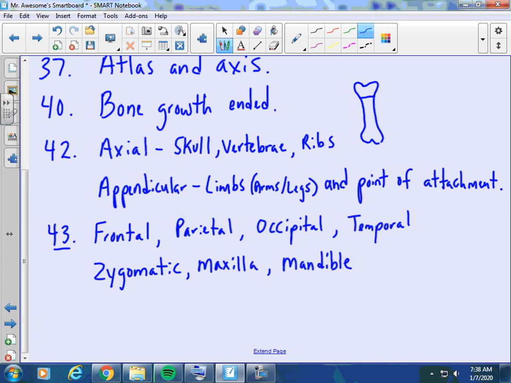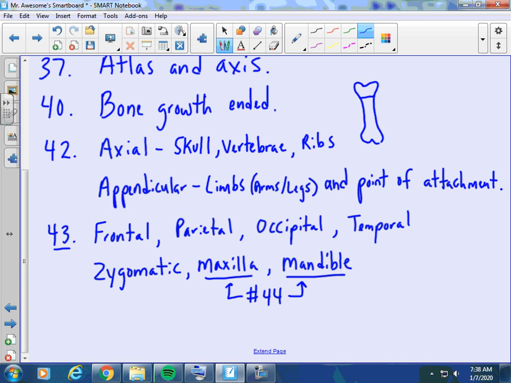Those would also answer number 44, what bones bear teeth? All right. There is no 45 or 46. There is a number 47.